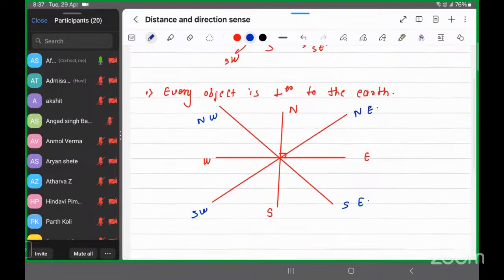Now this diagram we have to remember; according to that we go left, right, forward, backward. Only we understood from this only.